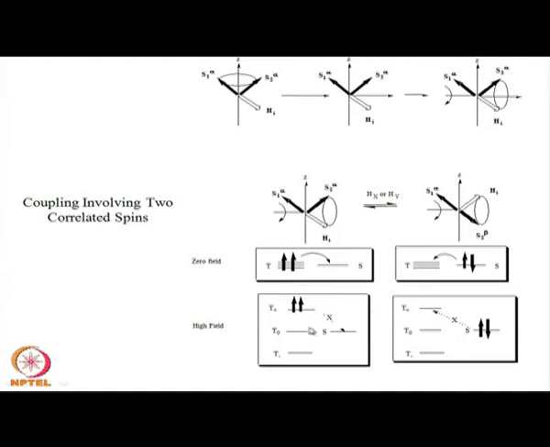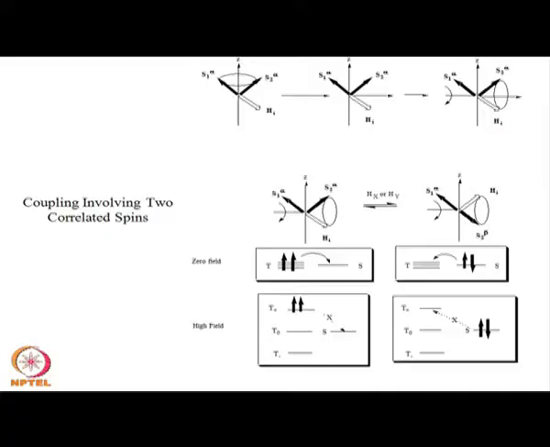So, in that case T plus to S or S to T plus, this intersystem crossing is blocked. Initially, this could be due to the internal field as well. This hyperfine coupling mechanism will lead to this additional precession, this Hx Hy, which may be internal.